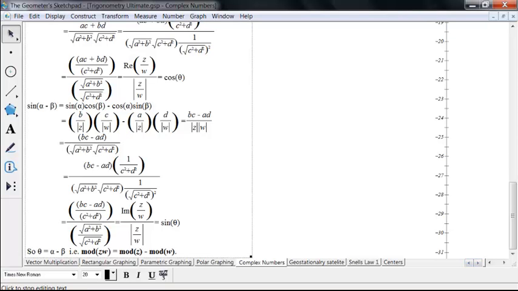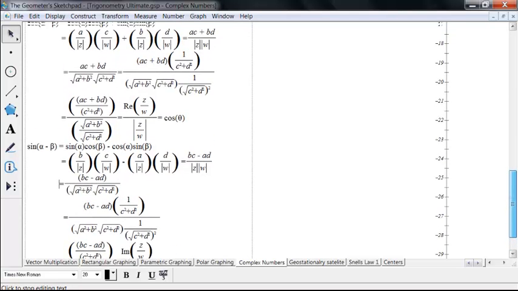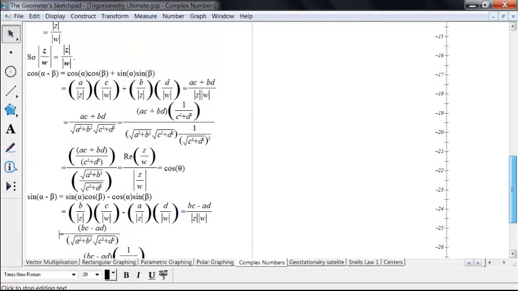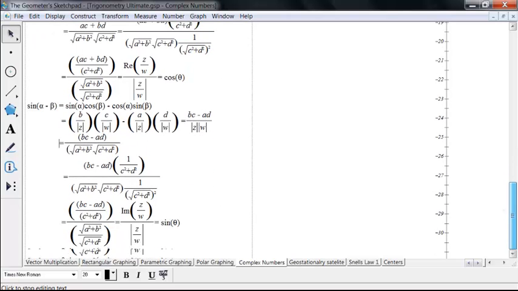So we showed that the sine of alpha minus beta is the same as the sine of theta. The cosine of alpha minus beta is the same as the cosine of theta. And that's enough to make the two angles the same, or at least coterminal. So theta could be alpha minus beta.